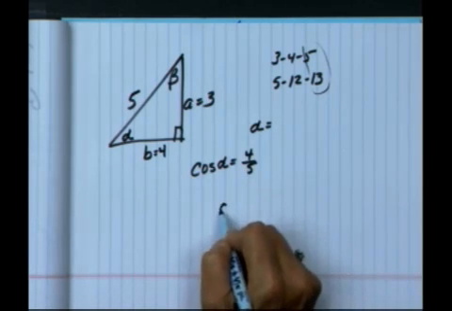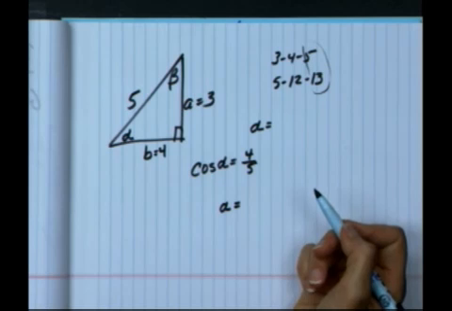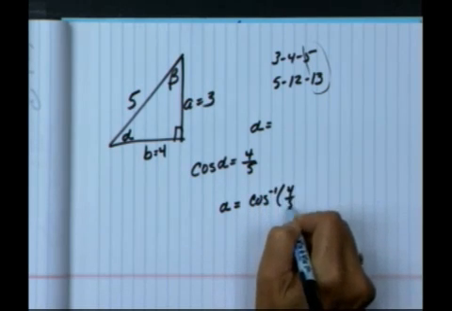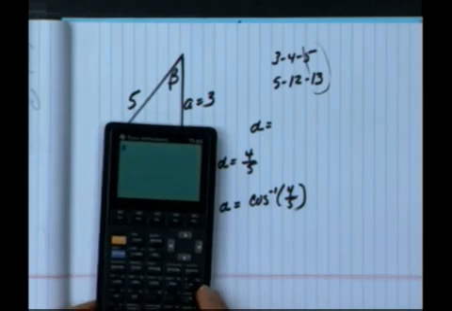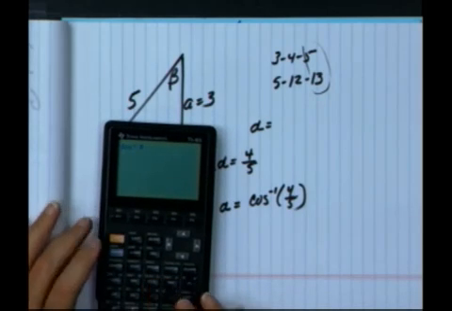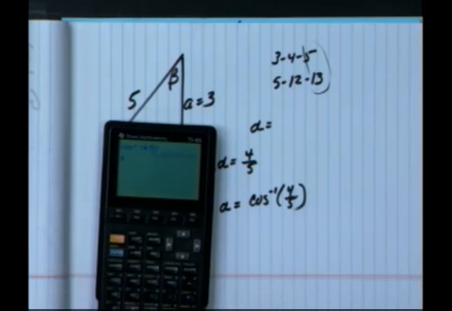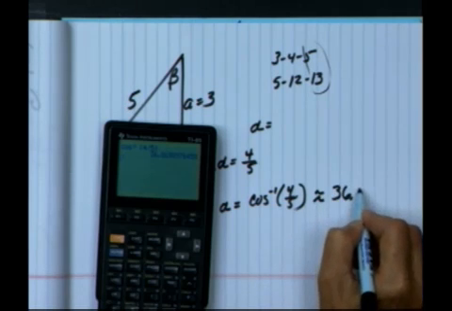So if I want to find the measure of angle alpha, what am I going to do? Everybody verbalize it. Inverse cosine of 4/5. Okay, so I know that I'm already in my degree mode. Inverse cosine, parentheses, 4 divided by 5. And the measure of that angle is approximately 36.9.